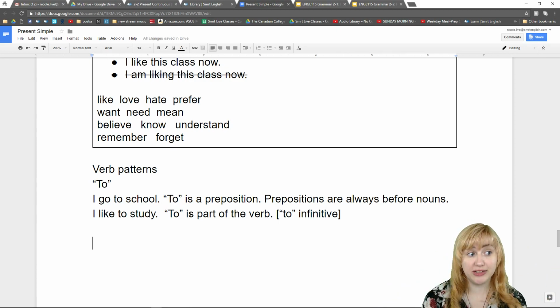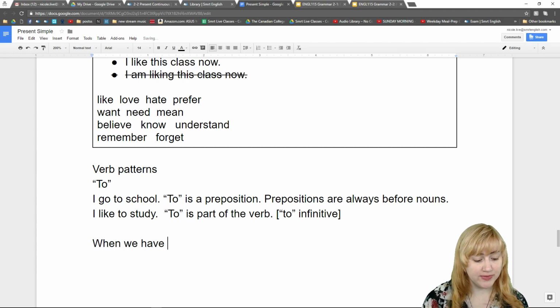I'll just give you some general information about verb patterns. So in English, when you have two full verbs together, we have to change the second one. I'm going to write that down.